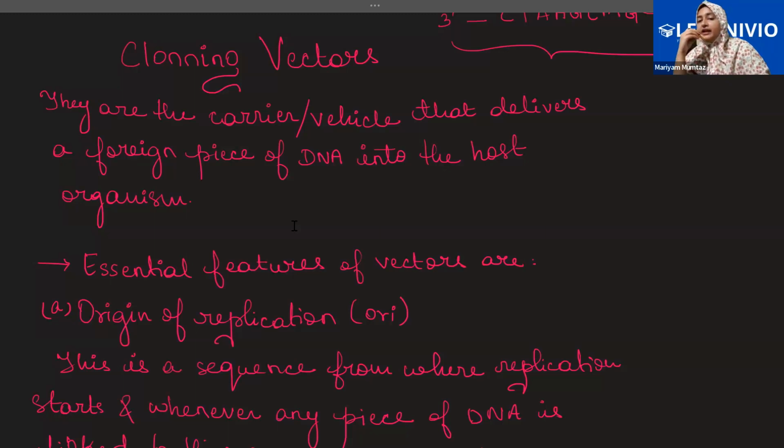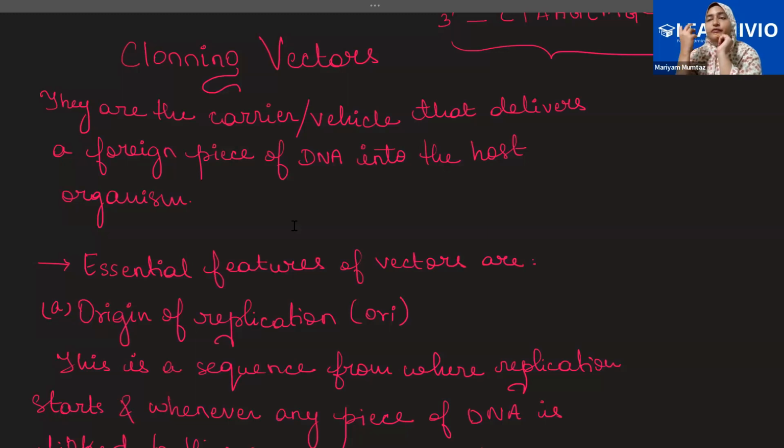For example, you have taken out a gene of interest and want to put that gene into the host. How will you do it? You will use cloning vectors to transfer or deliver the gene of interest or any foreign gene into the host organism's genome. We need vectors, and that is what a cloning vector is.